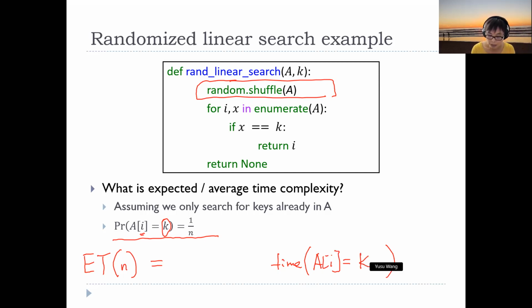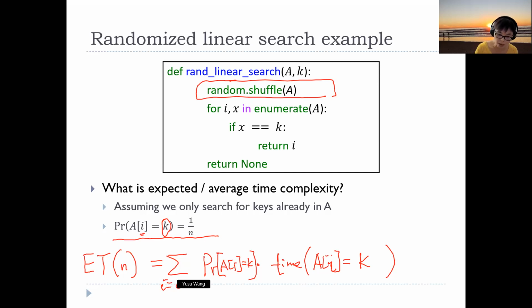So for each possible position of the key, that's one case. Now you want to sum this up and average it out. In other words, you multiply the time with the probability that this case is happening, and you need to check all possible cases. All possible cases means K could land at i equal to 0, 1, 2, 3 till n minus 1 position of the array. So this is the expected running time.